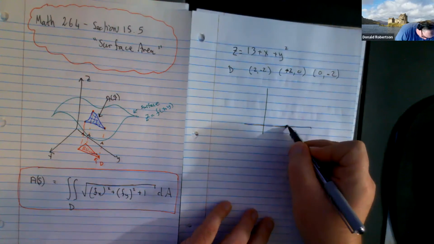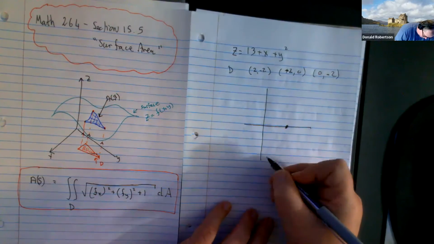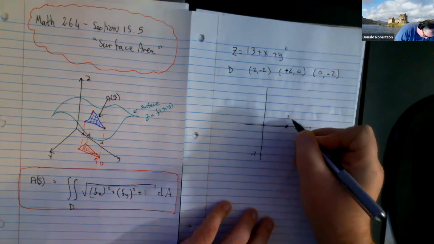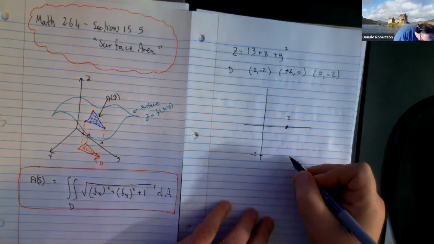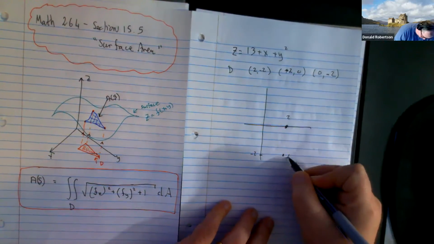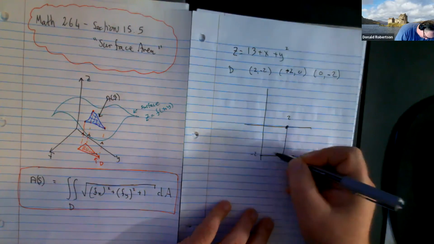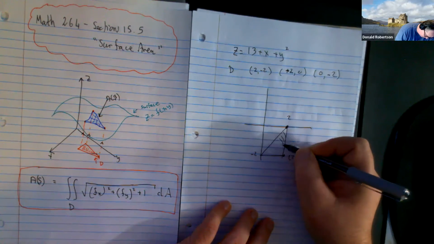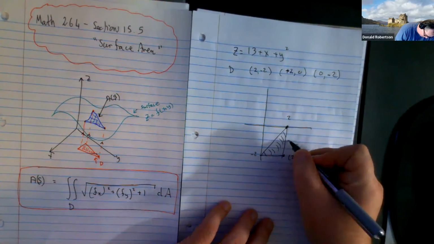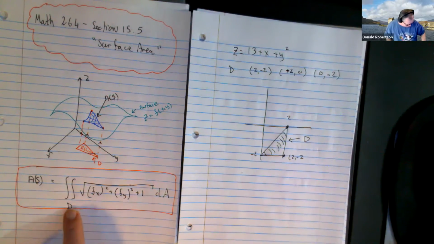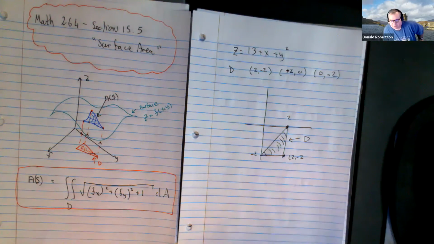So I'm going to draw that thing. If you go 2, 0, you go here. If you go 0, negative 2, you go here. And the third one's here. So this region is the D that's going to go here. Okay, how do you want to do this one?